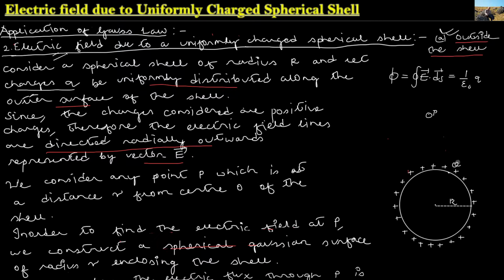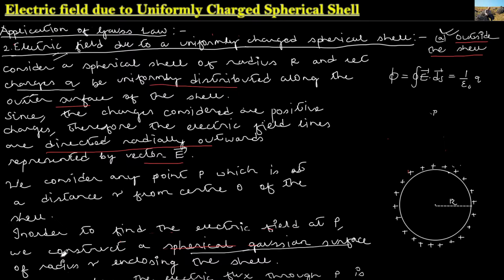Now we have already learned that if I want to find the electric field at this point P, which is outside the spherical shell, we have to consider a Gaussian surface. That means this surface will enclose all these charges inside.